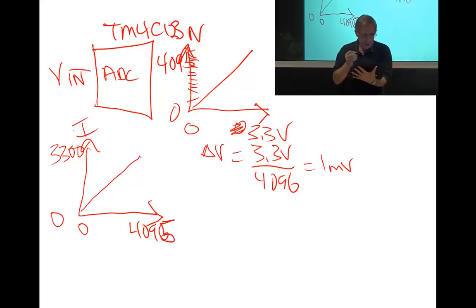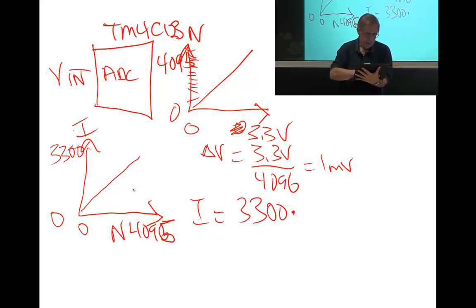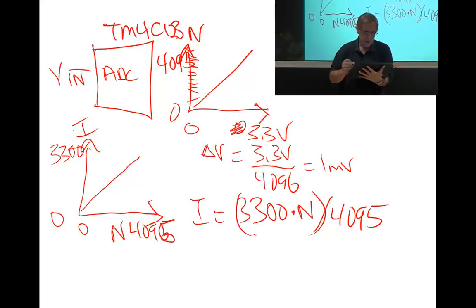So I could do something like I equals 3,000 times n, that's what I call n, divided by 4,095. I could do that.